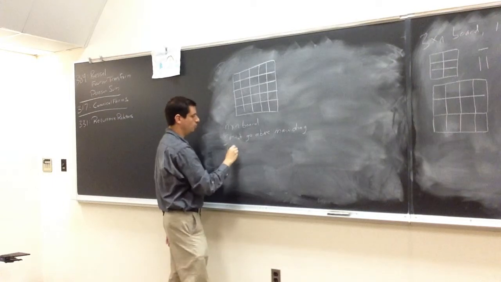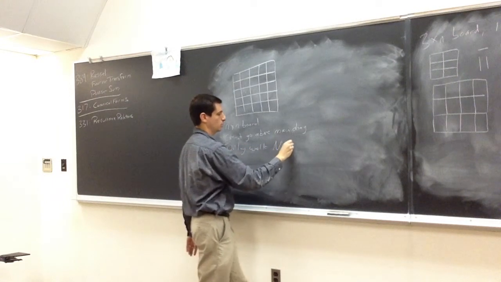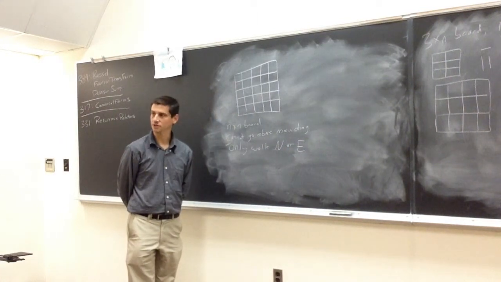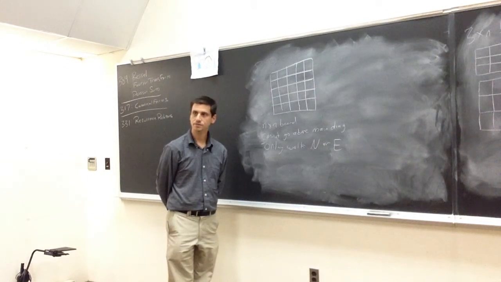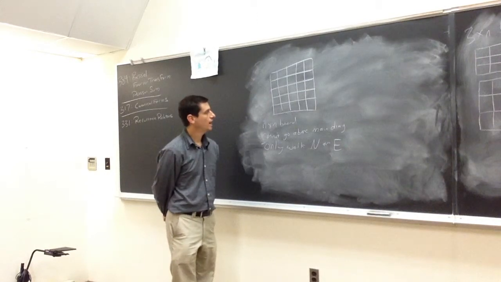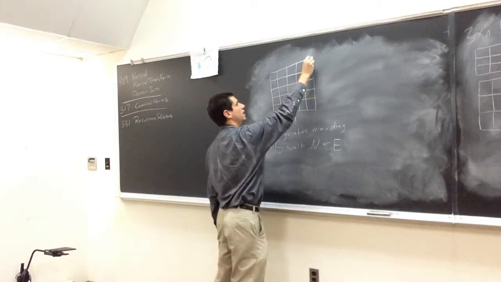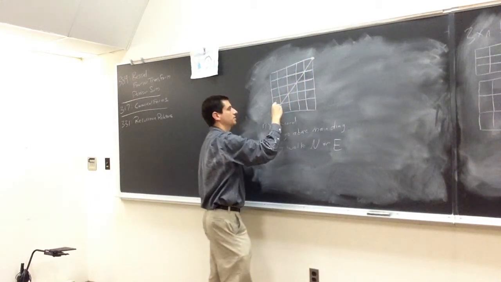And you can only walk north or east. It's okay to be on the main diagonal, but you can't go above it. Okay? So the question is, how many paths are there that start in the bottom and end in the top where I never go above the main diagonal?